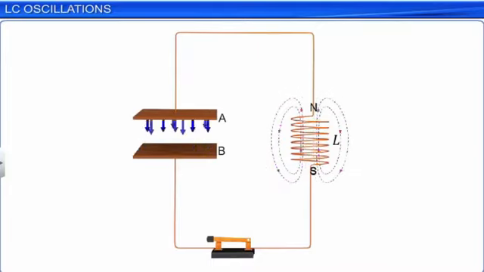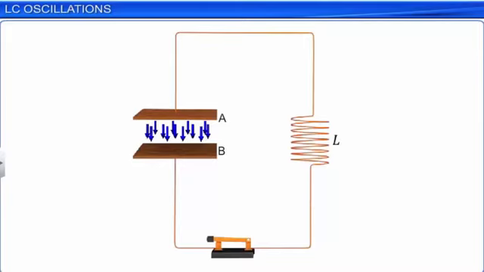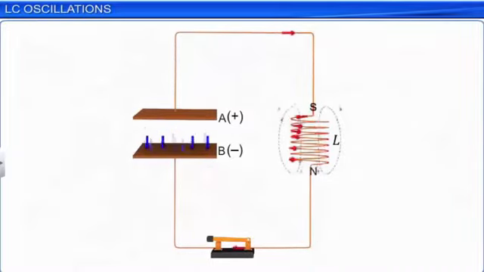This occurs until the magnetic field exists around the inductor. By this time, however, the capacitor returns to its original, fully charged state, with plate A positively charged and plate B negatively charged. Thus, we observe that the capacitor's charging and discharging is oscillatory in nature.